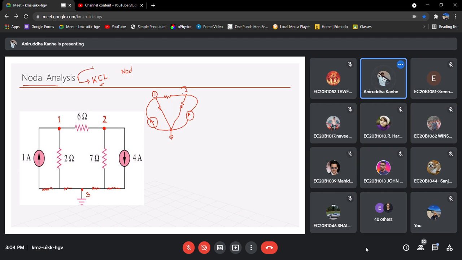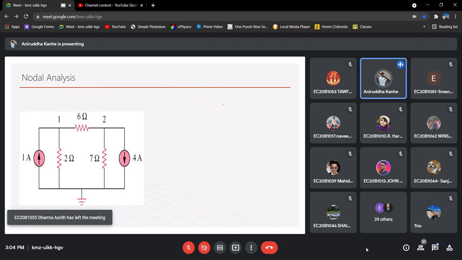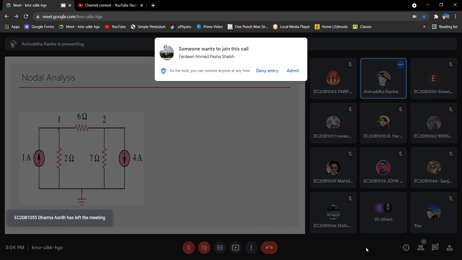So 1, 2, and 3 nodes are there. How to identify nodes? I hope this is clear to everyone. So there are 3 nodes.